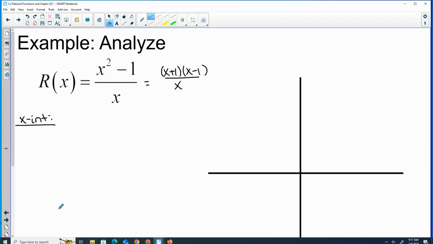Where do I need to look for that? Numerator. What makes this numerator equal 0? So we get -1 and +1. So x-intercept is just what makes the top equal 0. So we hit the x-axis at positive and -1.